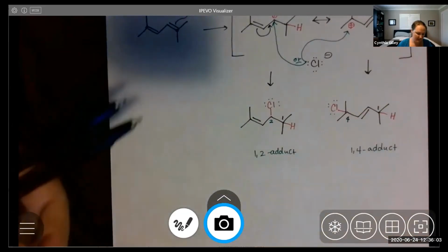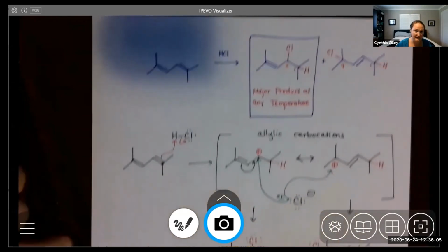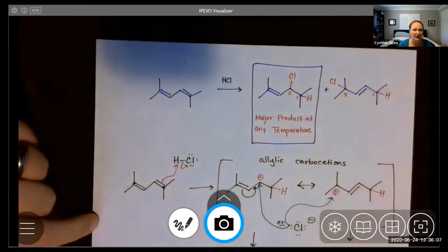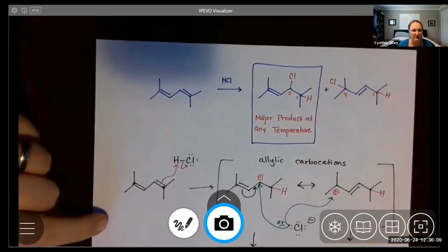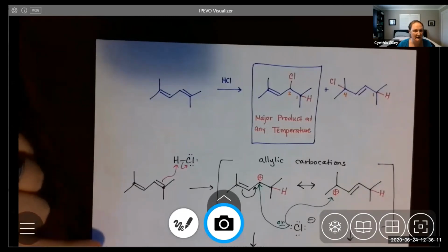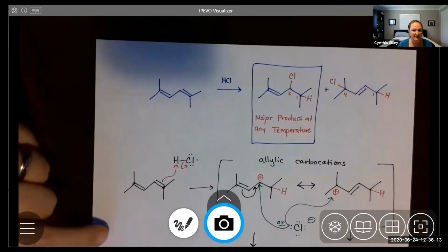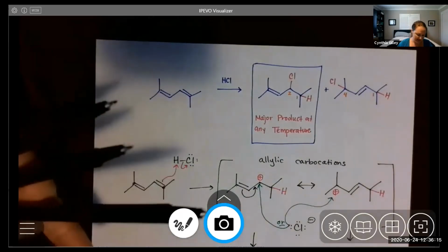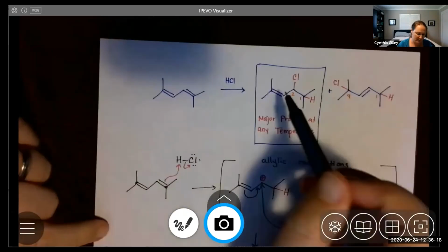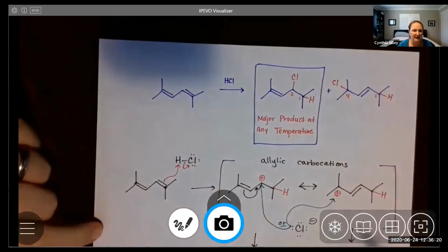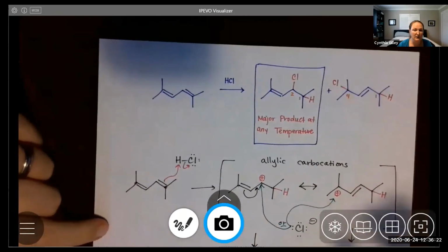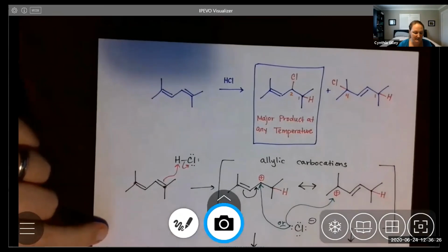And the 1,2 adduct in this case is the major product regardless of what temperature the reaction is. If you heat it, if you cool it, it doesn't matter. This is the major, because the 1,2 product always forms faster. It is the kinetic product, so at low temperature, it's trapped faster as the major product.